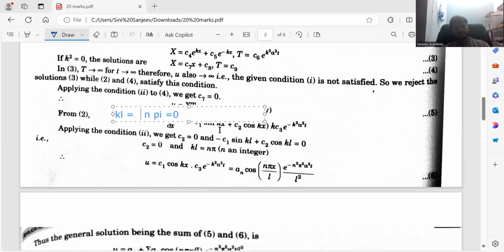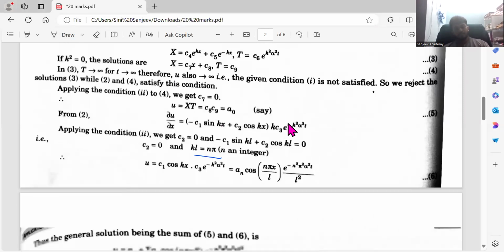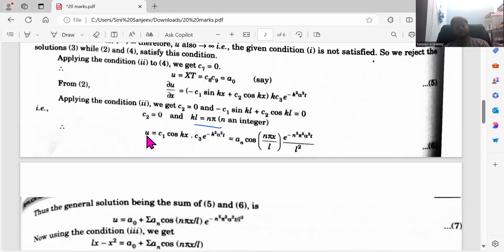Here, KL is equal to n pi, as you can see it here. So then coming to the next one, u is equal to C1 cos kx, because C2 value is already 0.